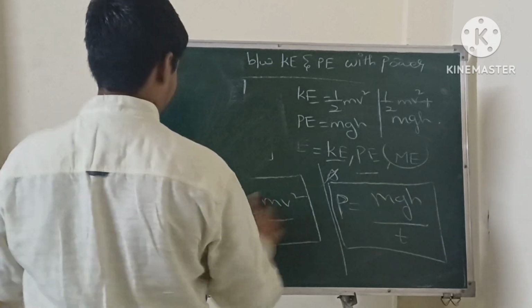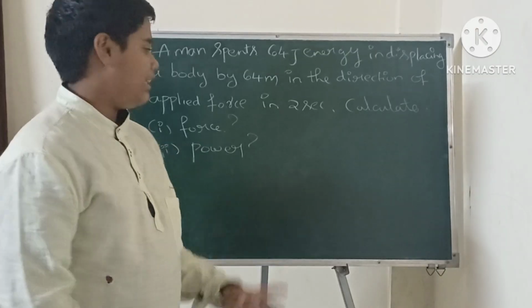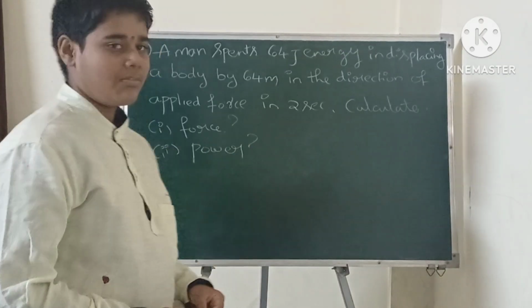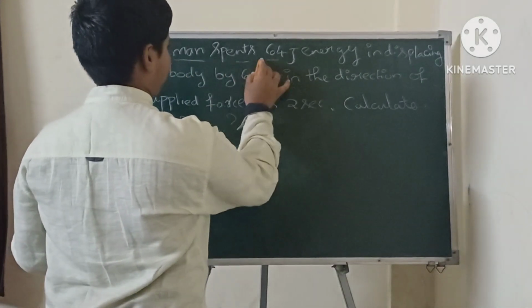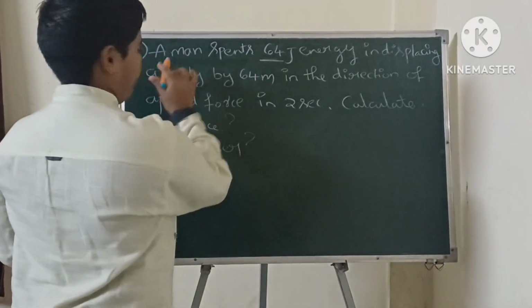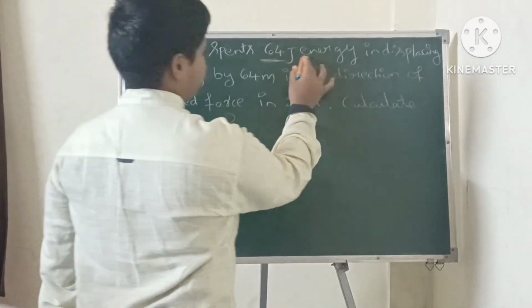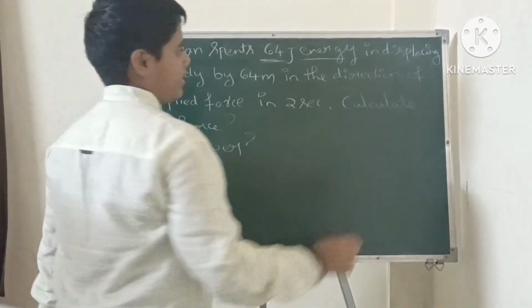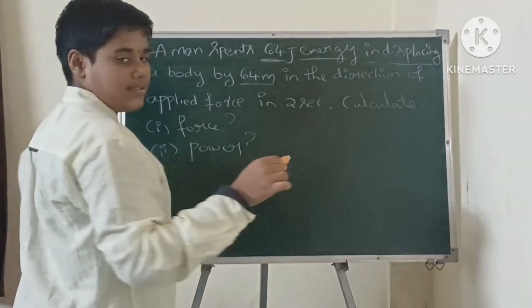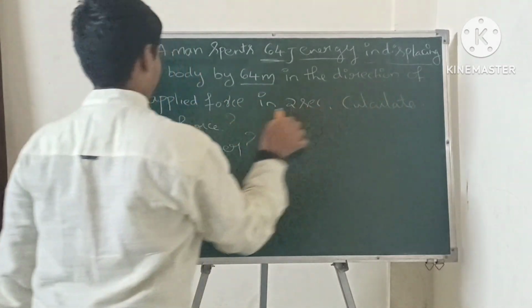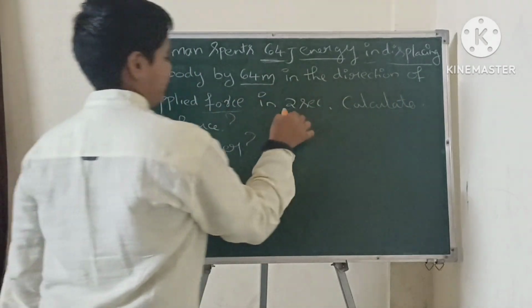So the power topic is done, and now the problems on power. First one: a man spends 64 joules of energy in displacing a body by 64 meters in the direction of applied force in 2 seconds.